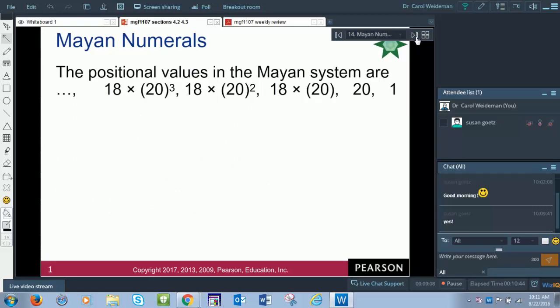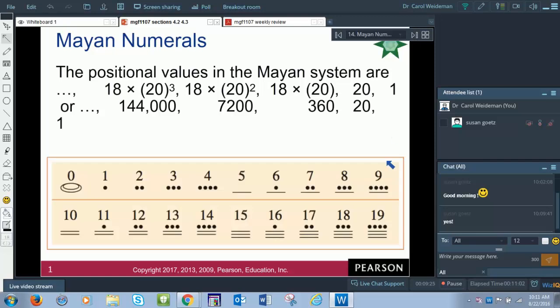And then here are the symbols. Oh, here are the positional values. First of all, 1, 20, 360. This one's going to be 7,200, and so forth. There we go. And then here are the symbols that they use. So they have a 0, which is really, really helpful.